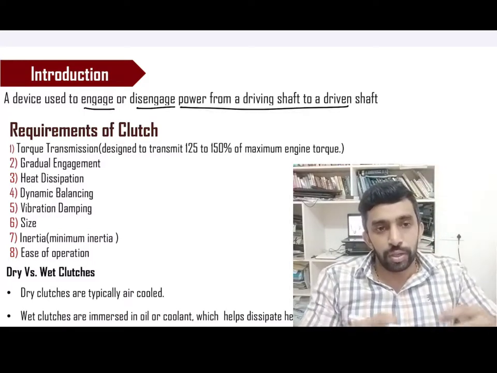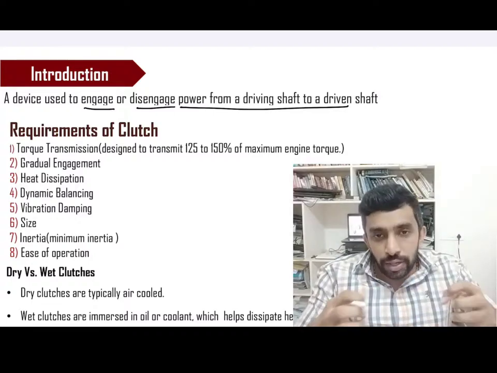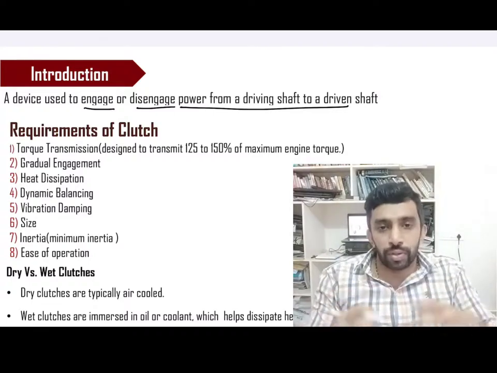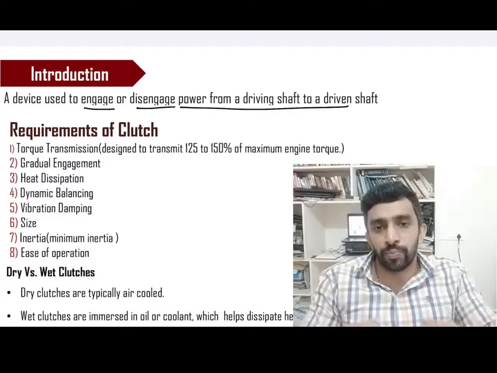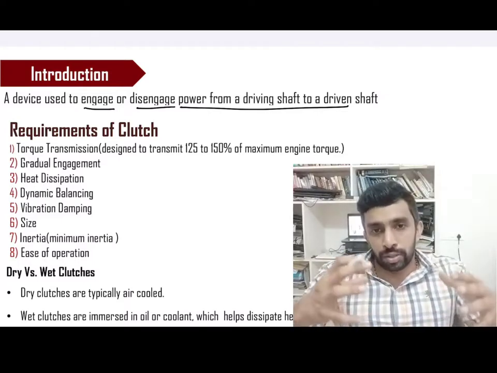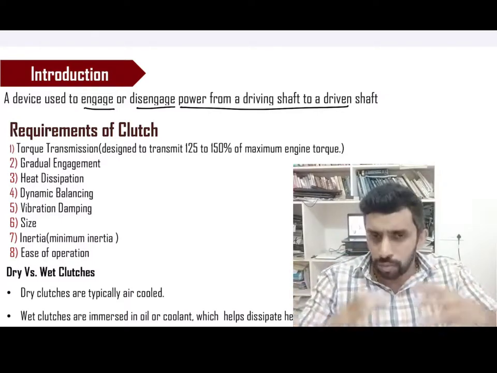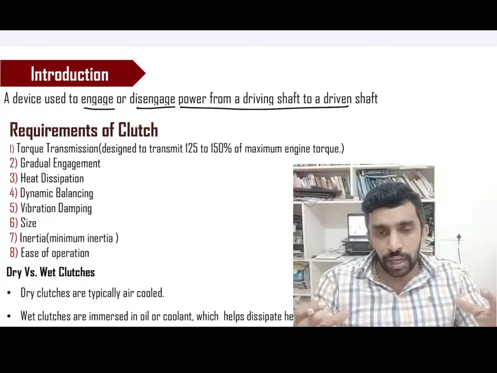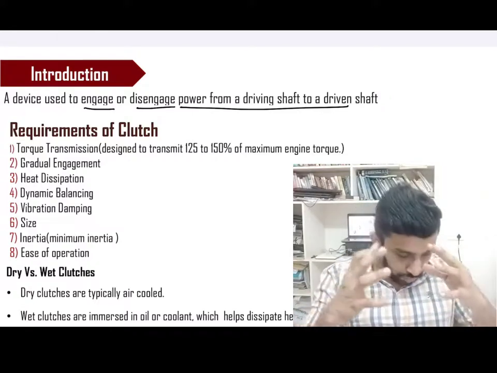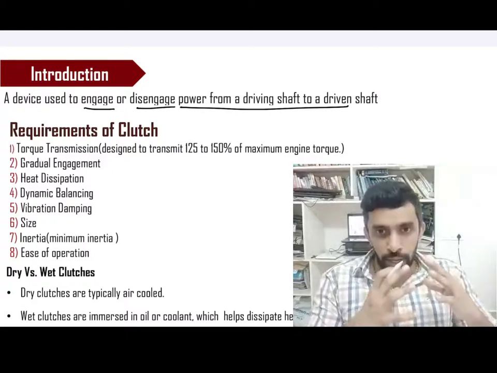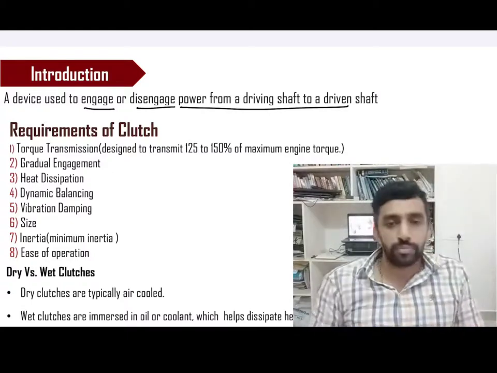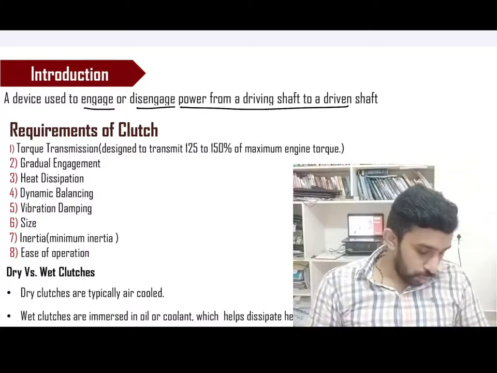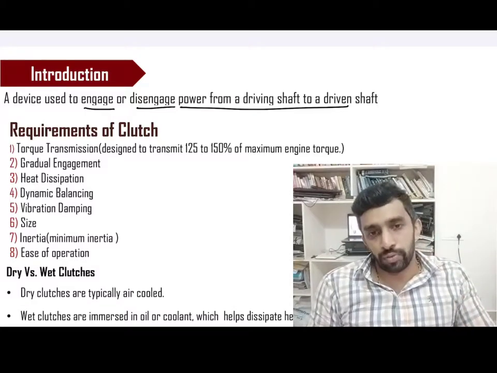So we have to disengage the driving shaft for some purpose. Sometimes it may be to engage a gear, or sometimes it may be to stop or something like that. We have to disengage two systems, so the device that is going to help us to do that is the clutch.